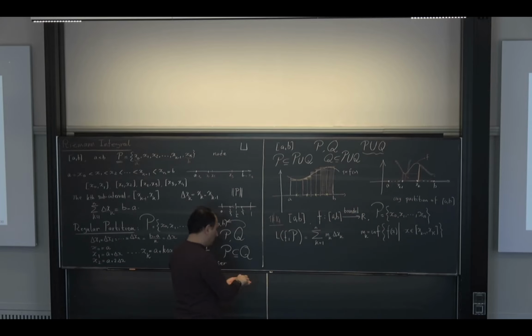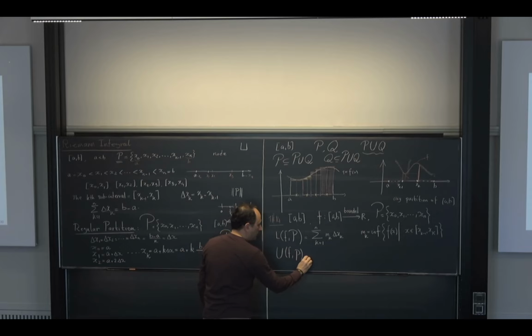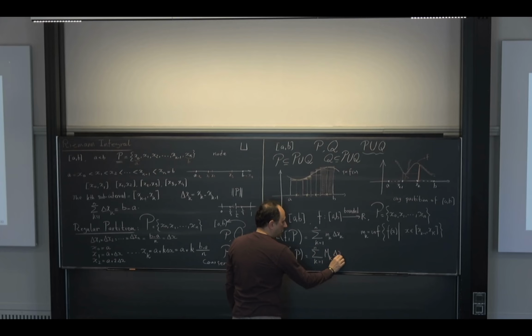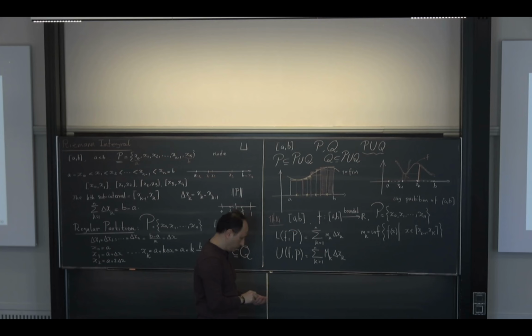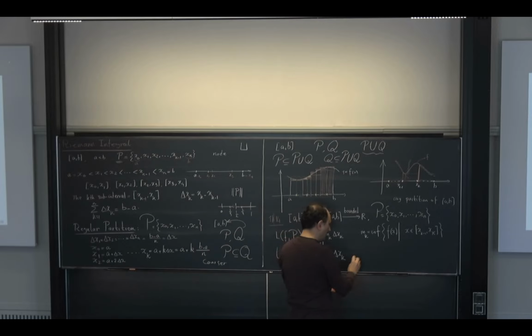And then similarly, you have upper sum. Upper sum is sigma, k goes from 1 to n, capital M sub k, delta xk. So this is exactly similar, but the difference is that instead of choosing the minimum or infimum in its subinterval, you choose the maximum or a supremum. The correct one is the supremum one, of course.